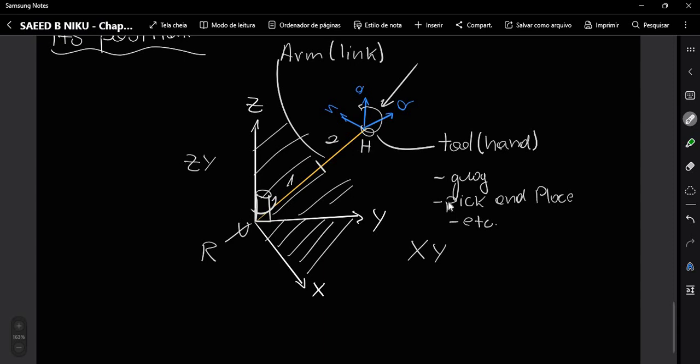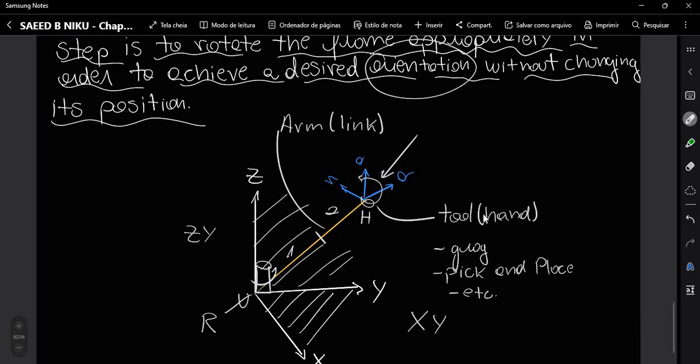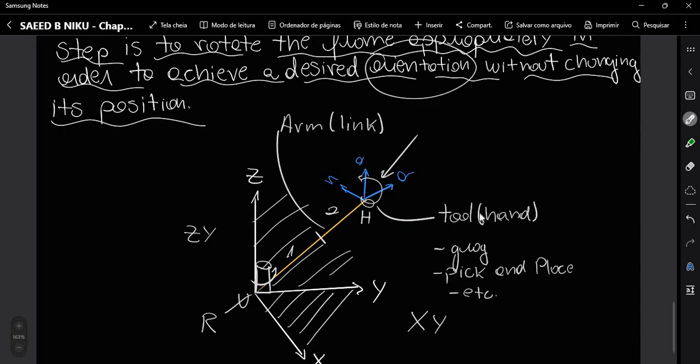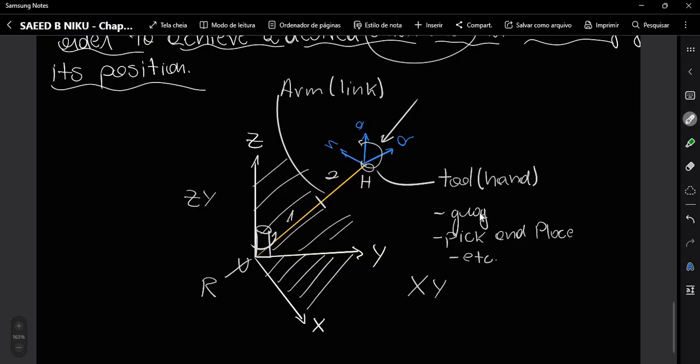We are talking about paths. This statement is saying that we want to change the orientation of the end effector without changing its position. So right here we have done an adaptation. I place right here a cylinder. So if we do a rotation, only this link rotates, and maybe right here we will need another joint.